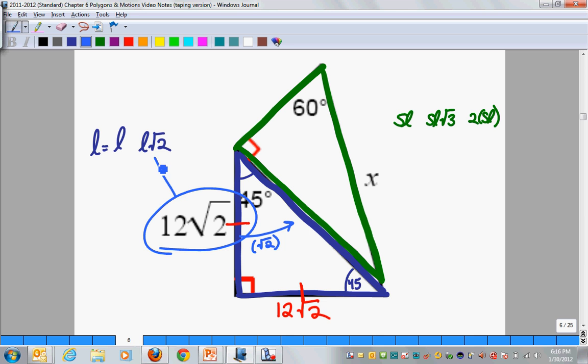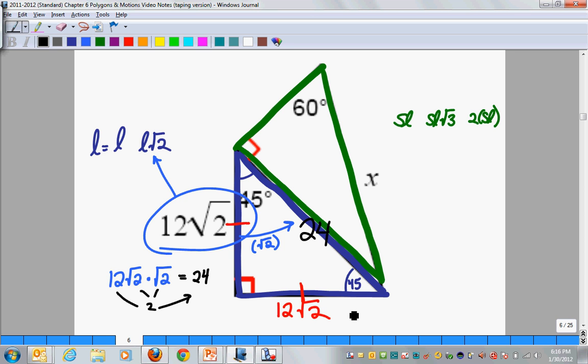That's from that table. So we ask ourselves 12 root 2 times root 2, what do we get? We know root 2 times root 2 is 2. So 12 times 2 is 24.